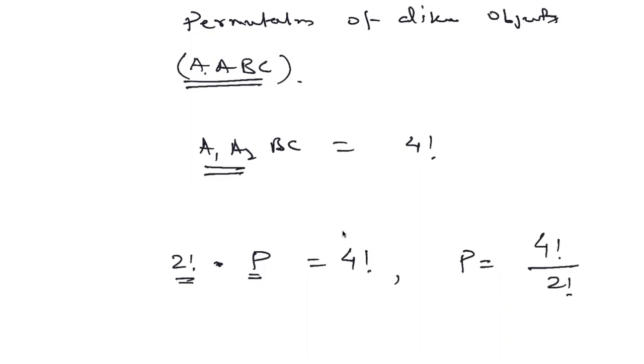If in any one of the actual permutations we suppose the A's are all changed into different letters, then it can take factorial 2 ways, and the rest are the same. So we multiply factorial 2 ways with the permutation, and we get factorial 4, the all-different case. But since these two are alike, we have to divide.